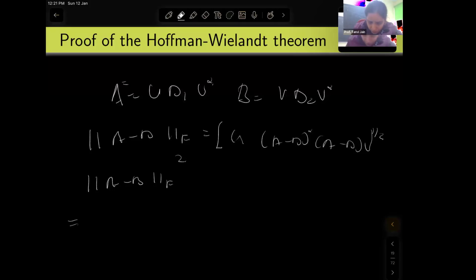That is equal to the norm, putting the expressions for A and B, of U D1 U star minus V D2 V star, Frobenius norm squared.